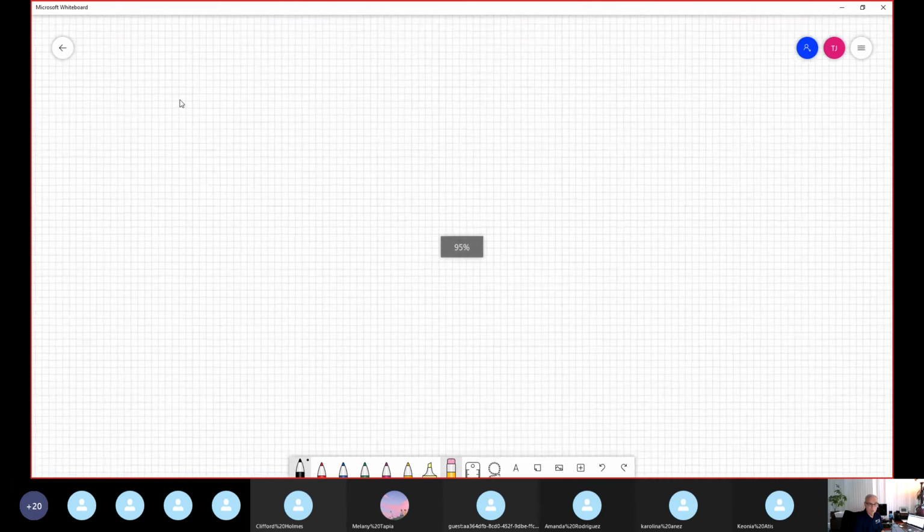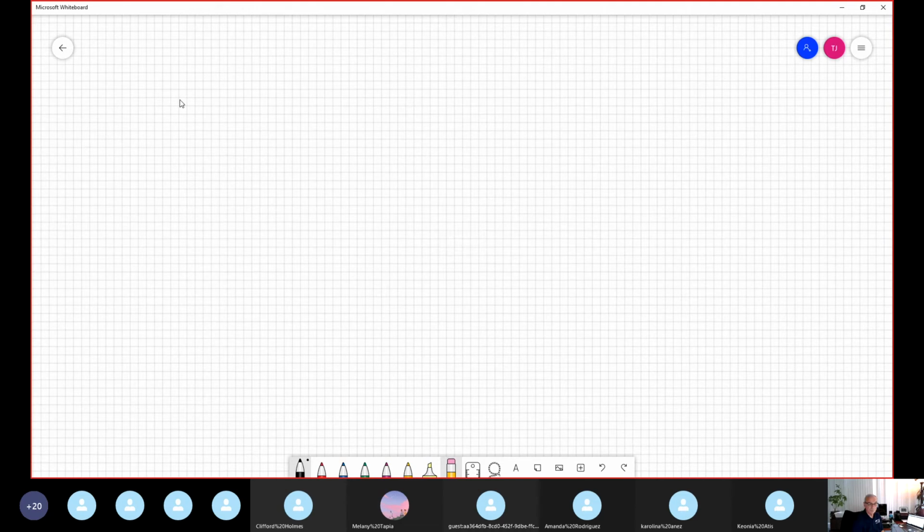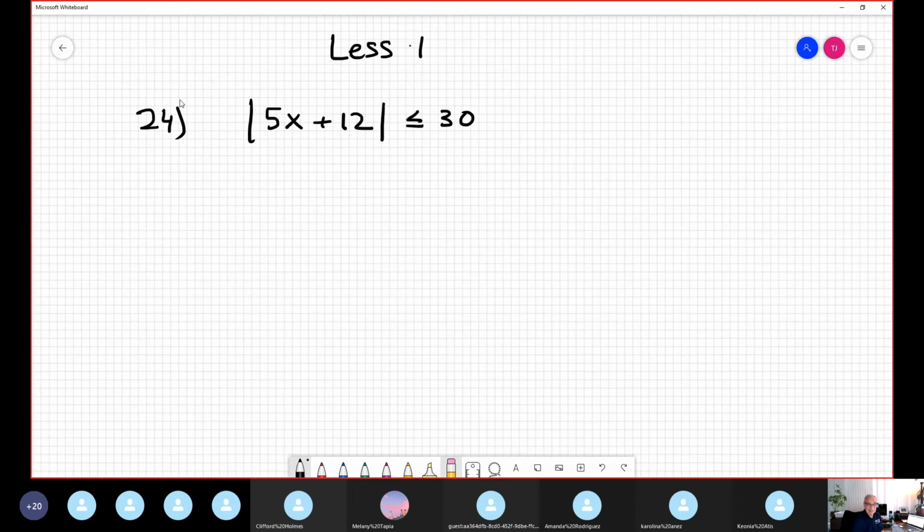Okay, 24. Remember, keep in mind inequality is a little bit more complicated, because we have two kinds of inequality. This kind is less than. You need to keep in mind that less than and greater than are different.